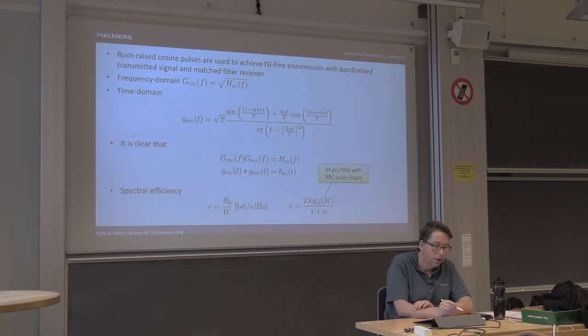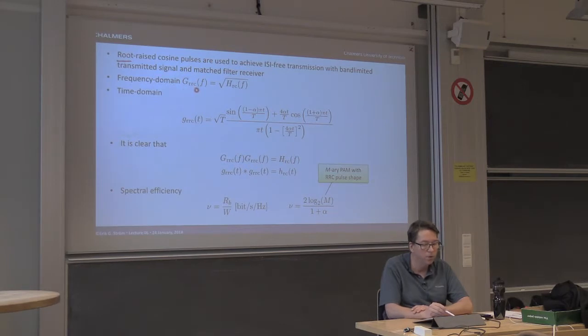Root raised cosine pulses are pulses whose Fourier transform is the square root of a raised cosine pulse. Take the square root of the raised cosine frequency response, and we get the frequency response of a root raised cosine pulse.